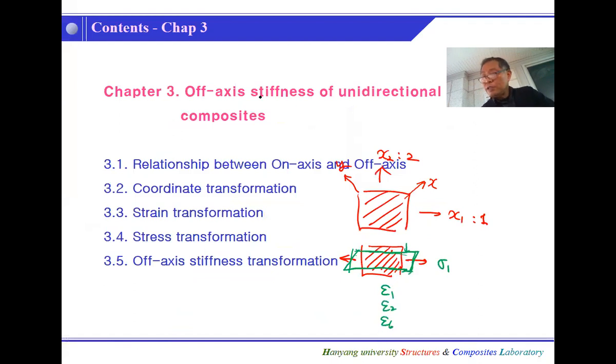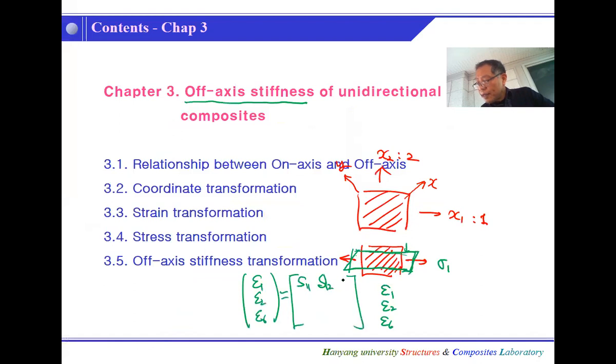Now the point of this chapter is the off-axis stiffness. So epsilon 1 to 6 equals S11, S12, and S16, which was 0 in on-axis UD, right? There's no shear strain. And sigma 1, sigma 2, and sigma 6.